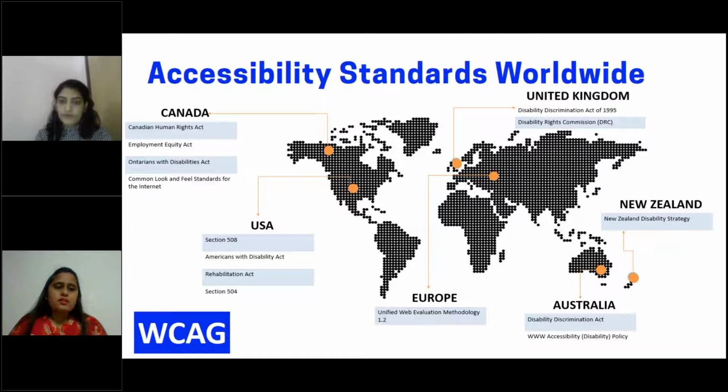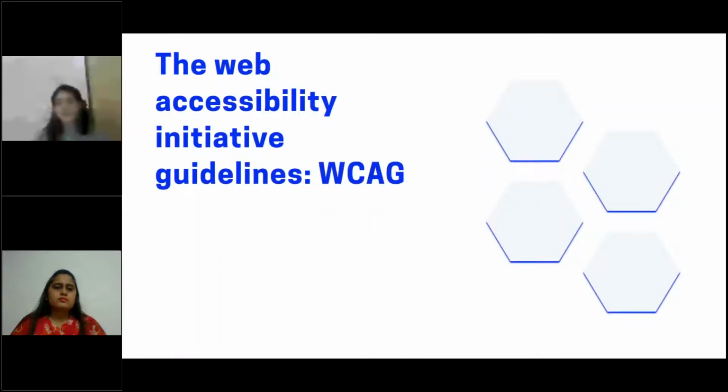All these standards in different countries, at some point, refer to WCAG variations. So what we're trying to see here is that WCAG as a set of guidelines falls at the core of making applications accessible, and it's a globally accepted guideline and standardization.